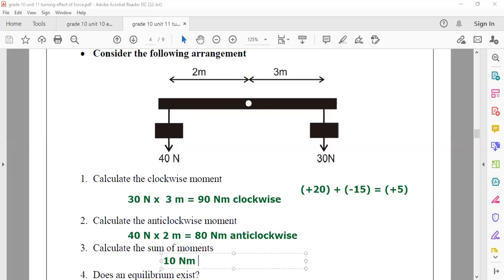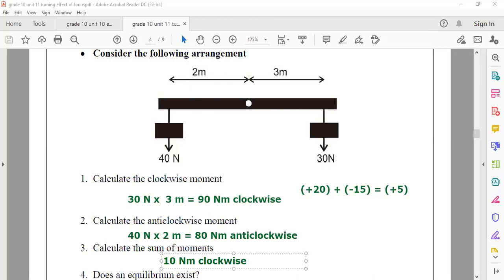It is not a matter of plus or minus; I am not asking that. Just subtract: 10 Newton meter. Thereafter, you write the bigger number's direction: clockwise. Are you clear? Yes, sir. That is why I am asking you to write clockwise and anti-clockwise.